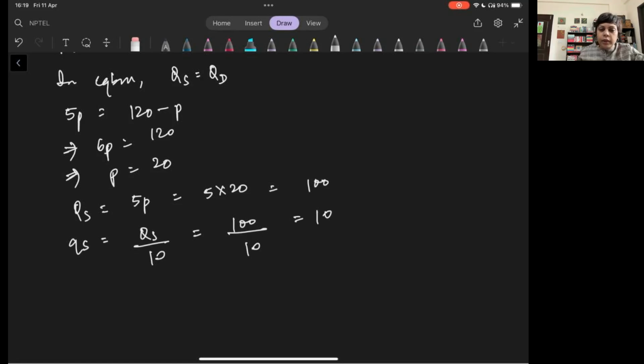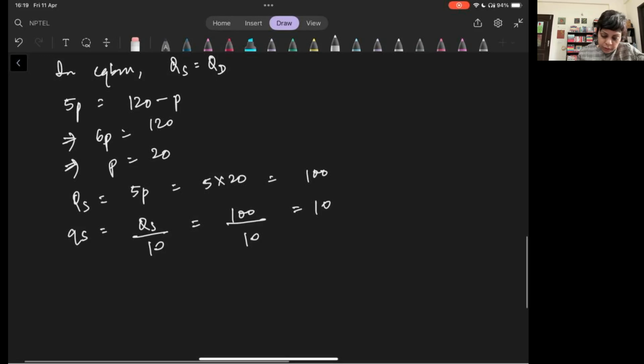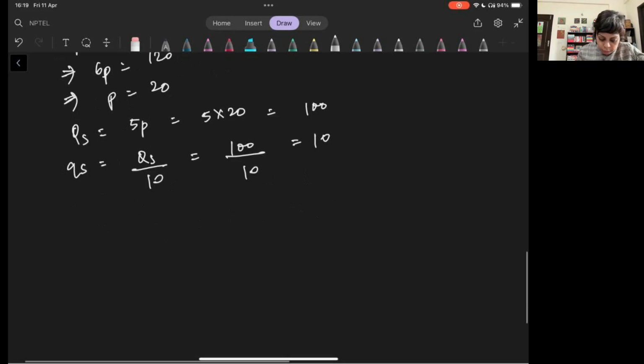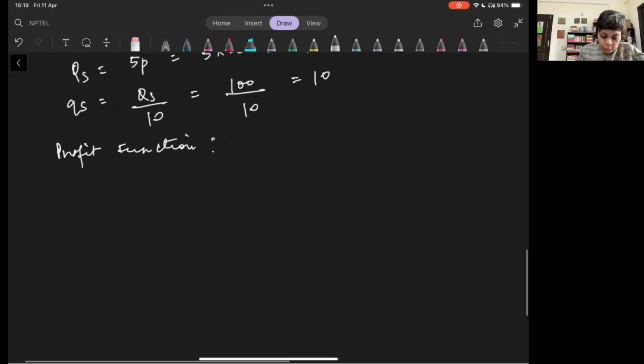Okay, and then they are asking what is the firm's profit function? What is each firm's profit at equilibrium price? Now the firm's profit function is nothing but, let's write this profit function. Profit function is nothing but total revenue minus total cost, nothing complicated, right?